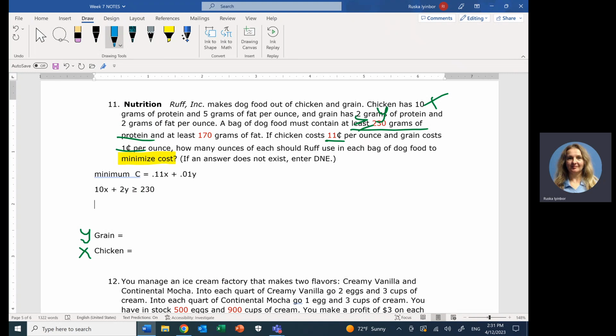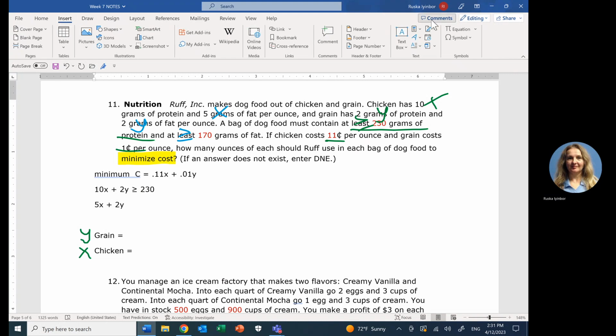And then the second inequality, we're going to use the information given for the fat. At least means greater or equal 170 grams of fat. The chicken has 5 grams of fat, so it's going to be 5x. The grain has 2 grams of fat, so it's going to be 2y. So you have 5x plus 2y has to be greater or equal 170.